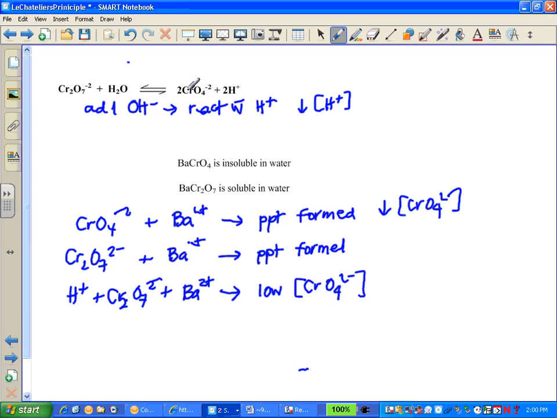And if you're trying to work with barium in that system, you're going to form a precipitate and you're going to end up with a big mess. So if we want to avoid forming the precipitate with the chromate ions, if we work with this in a highly acidic solution, we can avoid the formation of that precipitate. So that's just a practical use of Le Chatelier's principle.